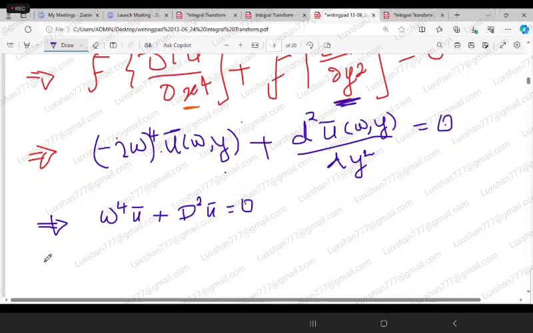So this is actually a second order differential equation in y, because here the variable is y. Omega you can consider as a secondary variable, or you can just consider it as a constant.